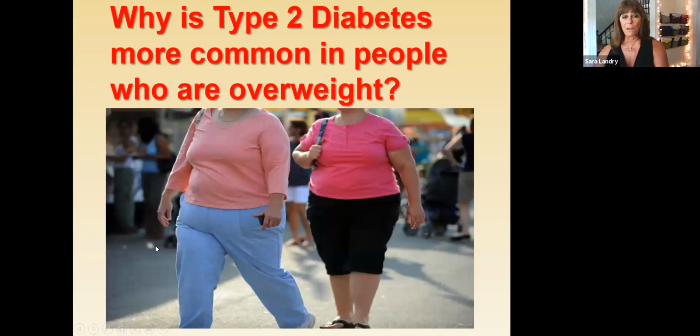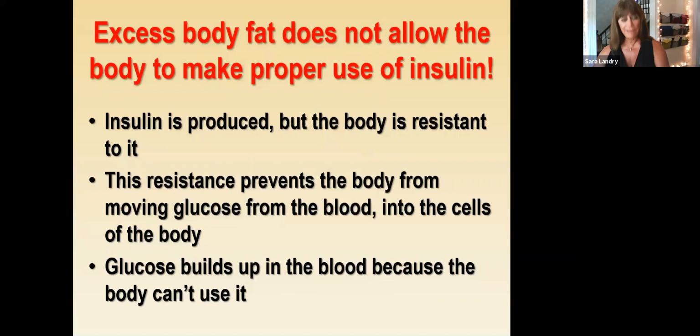One question people often ask is, why is diabetes type 2 more common in people who are overweight? And it definitely is more common in people who are overweight. If you have a lot of excess body fat, the fat interferes with your body's ability to use insulin.